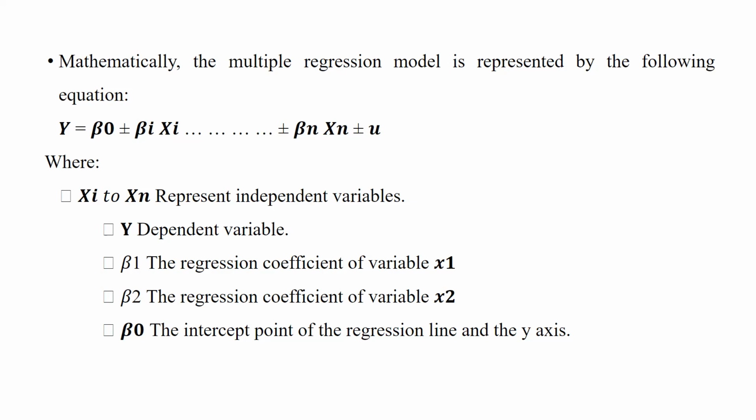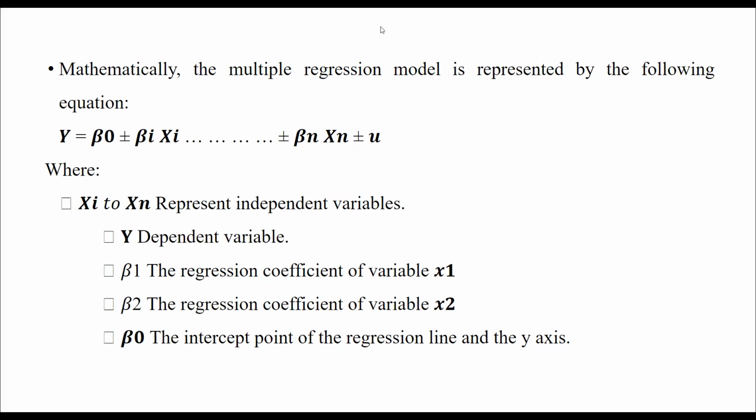Here we can also bring out the same regression equation in a different way, like y is equal to a plus b1x1 plus b2x2 plus b3x3 and so on. And finally, we add the error term to the regression model. That way also we can write down the equation for regression analysis.